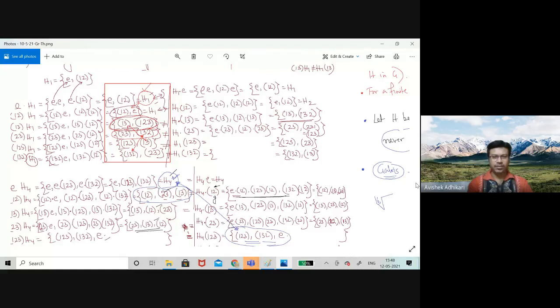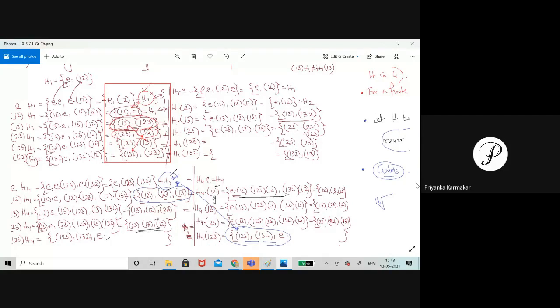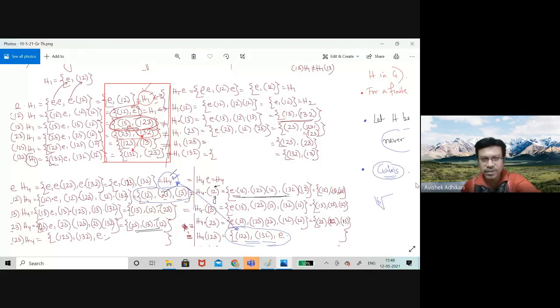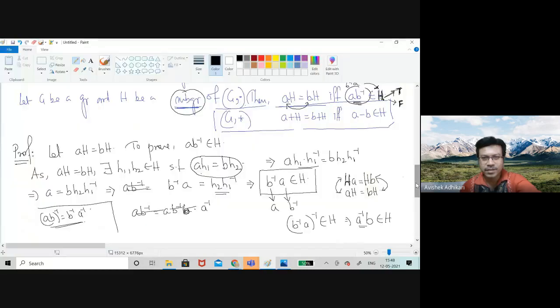So we get a counterexample. Very good. So now it's clear. The statement is false.